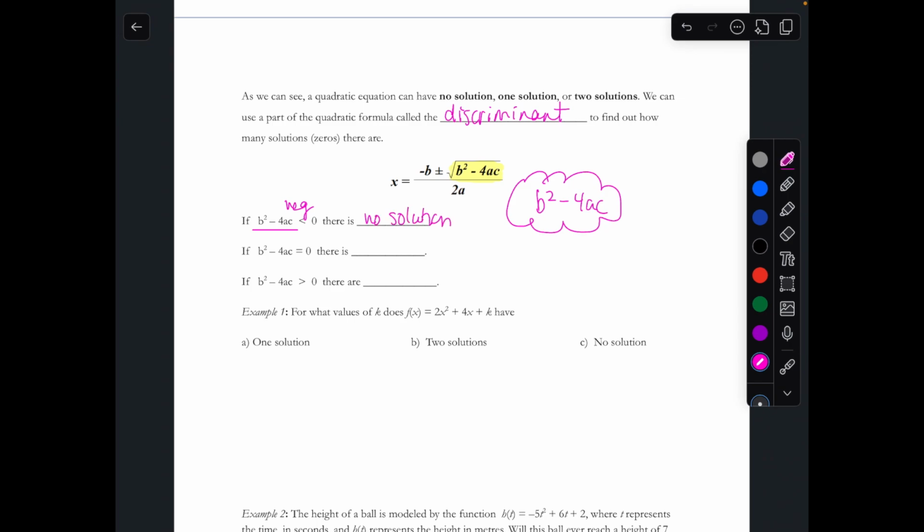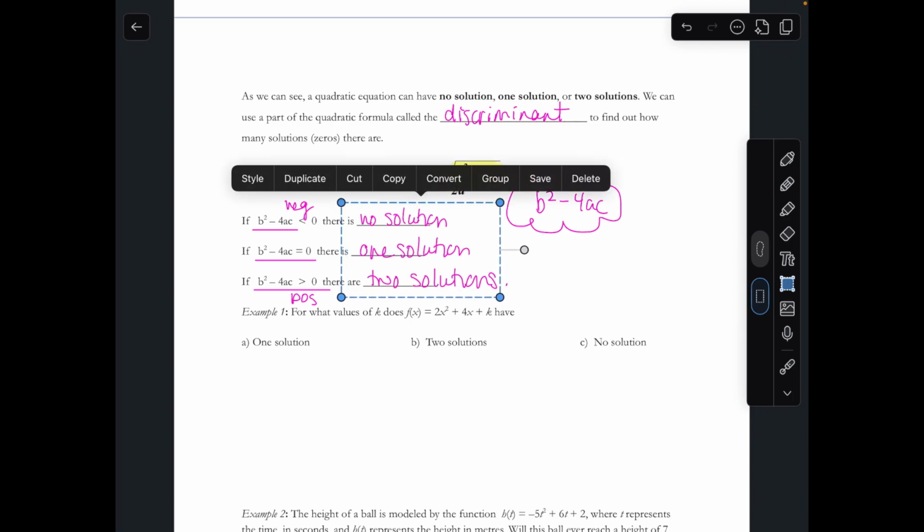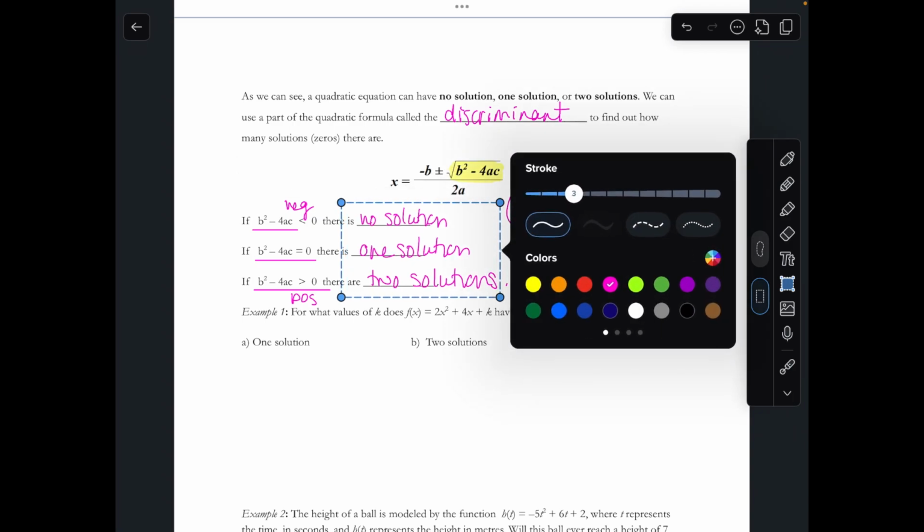If b squared minus 4ac is 0, there is one solution. And if it's positive, there are two solutions. I'm going to write that out. Two solutions. So it's our job sometimes, if we're given partial information, to find values such that we can get one of these three scenarios.